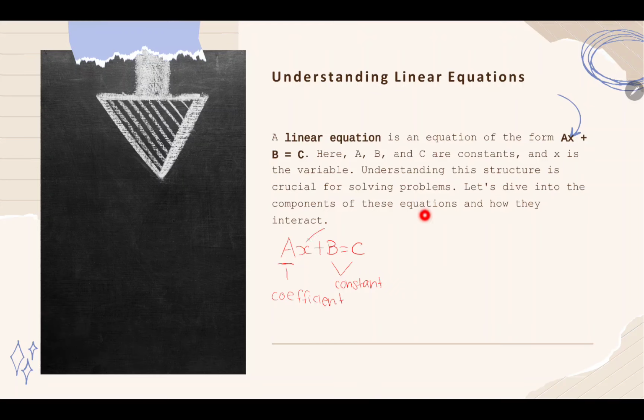Your variable is x. Your variable is the one that you're solving for. So x is your mystery, the one that you'll be often solving for. And don't forget, this is your operation.